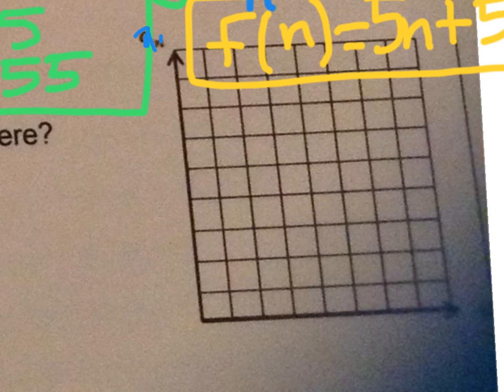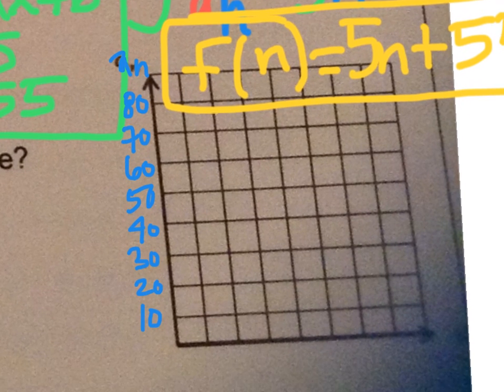This is supposed to be labeled the AN axis. Okay, so I'm going to label each one 10. So that's 10, then 20, 30, 40, 50, 60, 70, and 80.